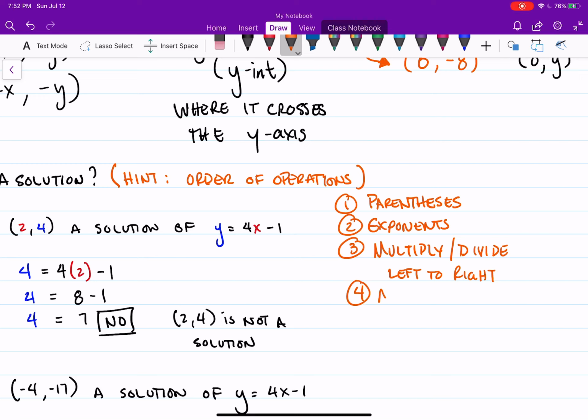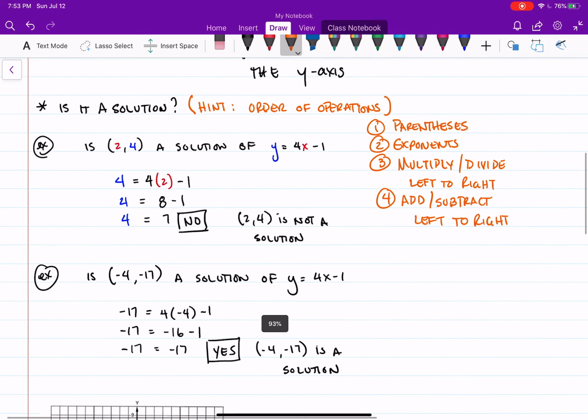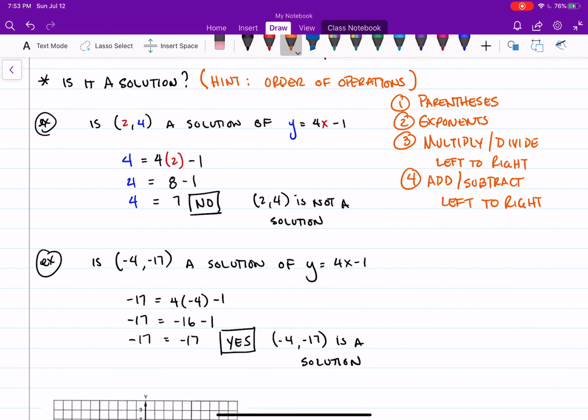Fourth, you have to add or subtract from left to right. Okay? So, again, the concept is the order of operations. You can plug the number in, that's great, but essentially the concept here is about the order of operations.